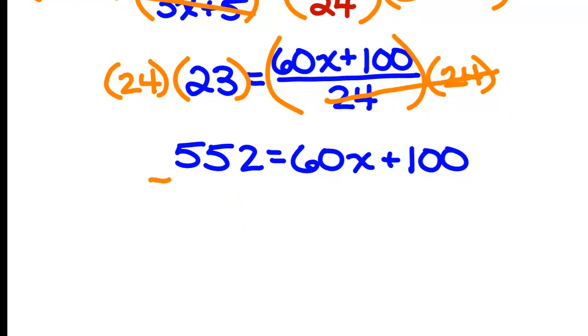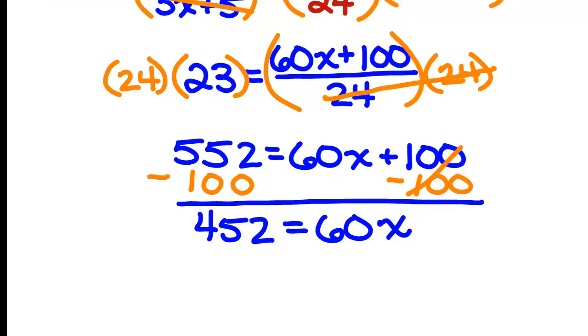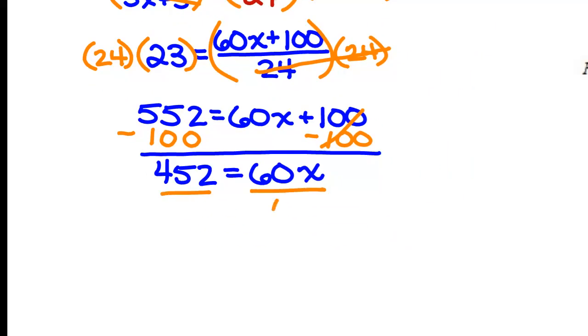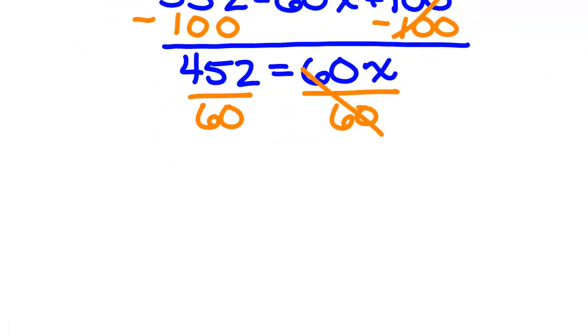Then I'm going to subtract 100 from both sides. So I have 452 equals 60x. Divide both sides by 60. And what do we get? 7.53, and only the 3 is repeating, so the bar only goes over the 3.